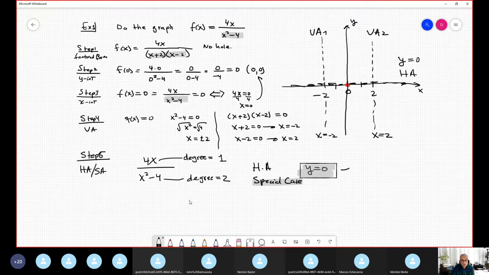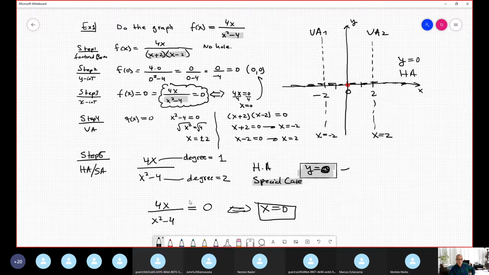So now you take 4x over x squared minus 4, which is the original function given, and you force it to be 0. Why 0? Because it's the value of the horizontal asymptote. And we come back again to this equation I did before. It's a coincidence. The solution for this is 0.